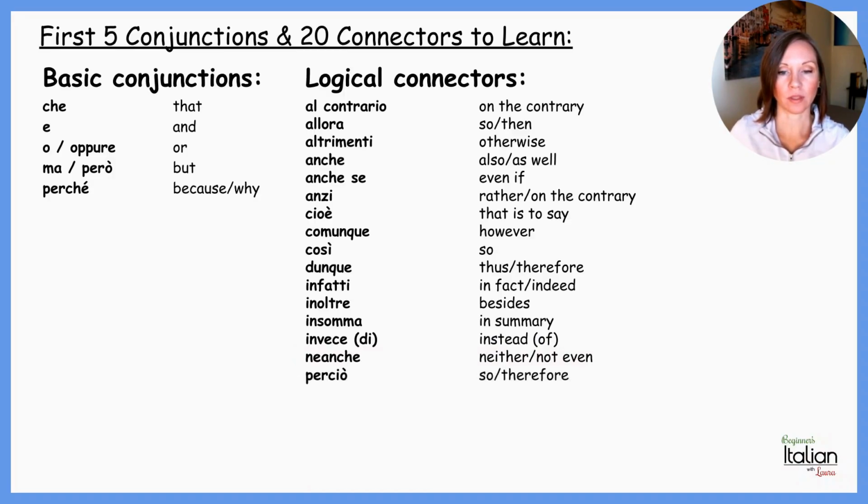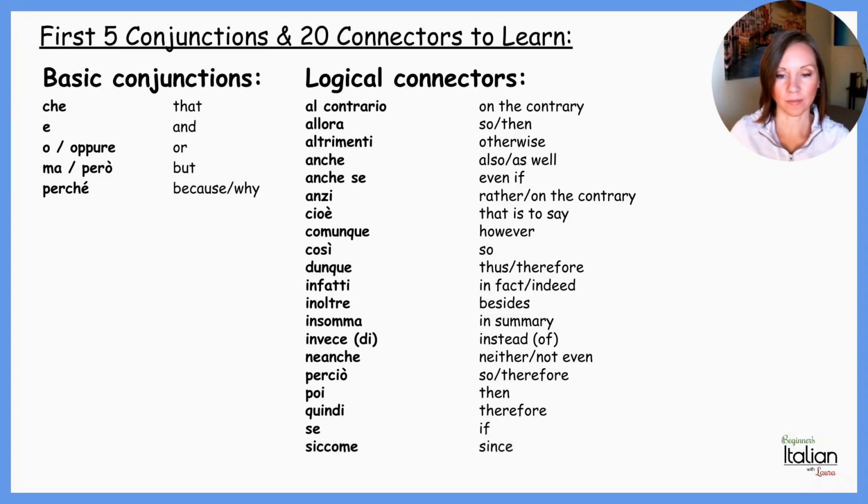Perciò, so or therefore. Poi, then. Quindi is therefore. Se, if.